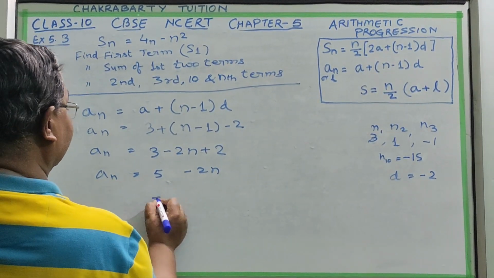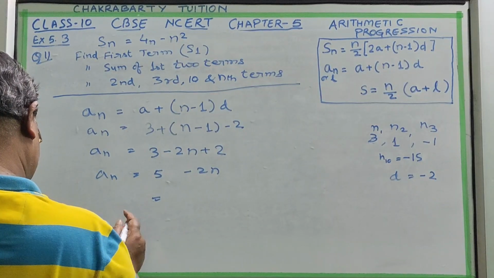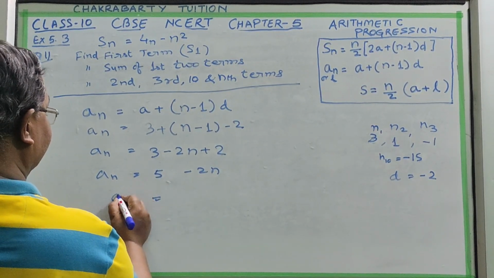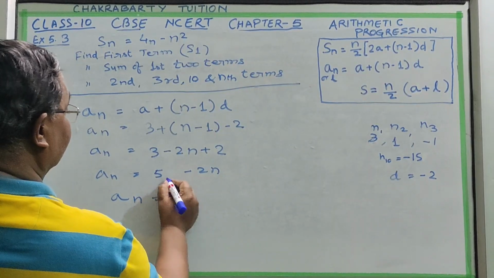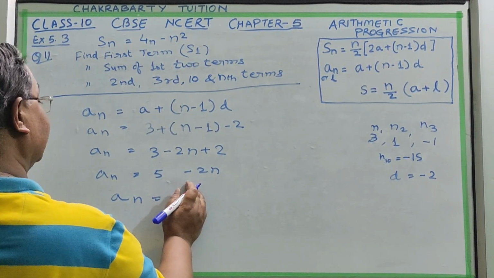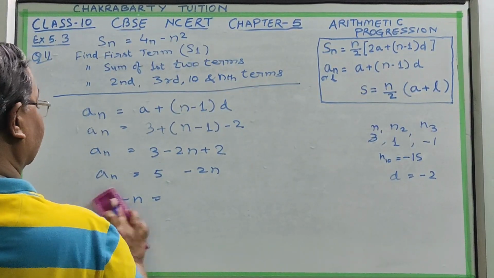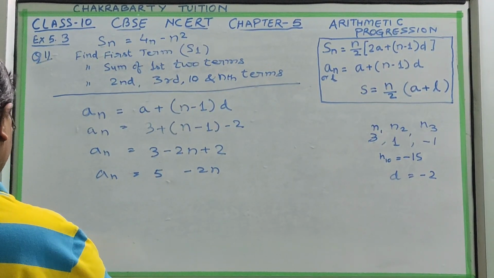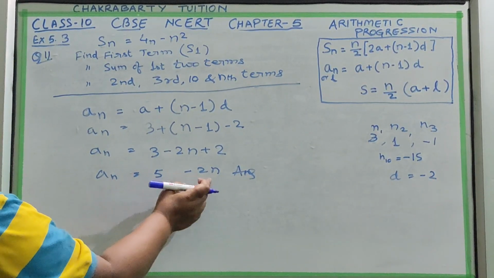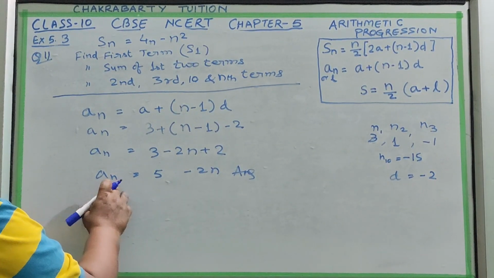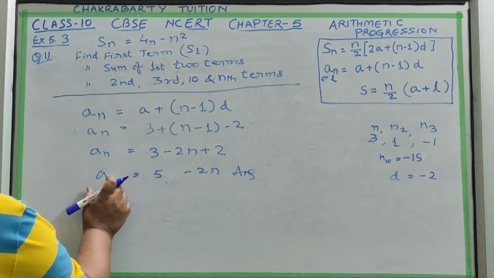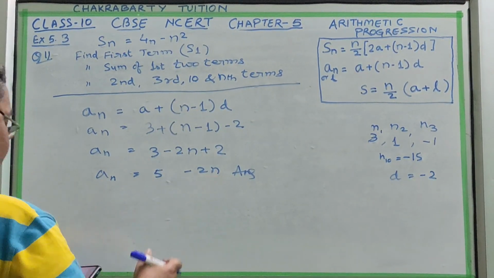Or we can write an is equal to 5 minus 2n. This is your an, this is your answer. Here 0 is not there, so you cannot transpose it, and it is not any number; it is just an, the nth term. So 5 minus 2n will be your answer.